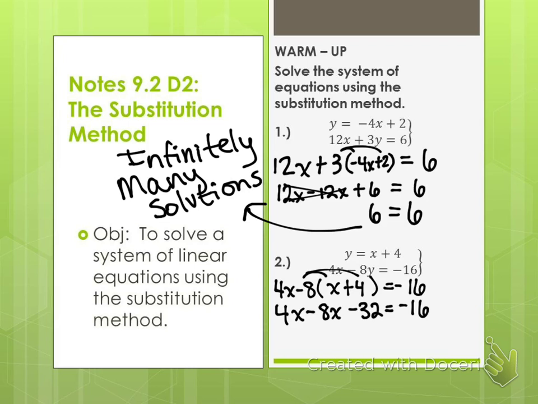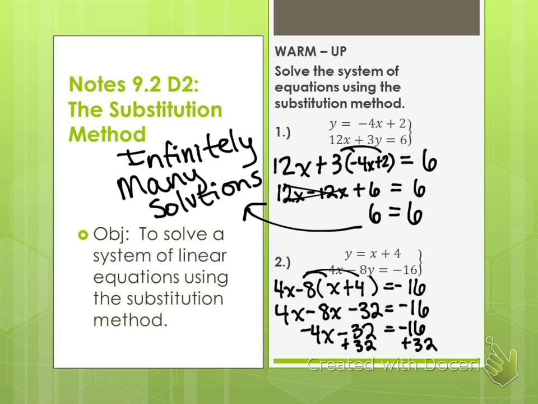Yeah, so combine them. So we're doing subtraction. So 4 minus 8. Anybody? Negative 4. So that's negative 4x minus 32 equals negative 16. Jaquan, what do I do after that? Good. We add 32 to both sides.